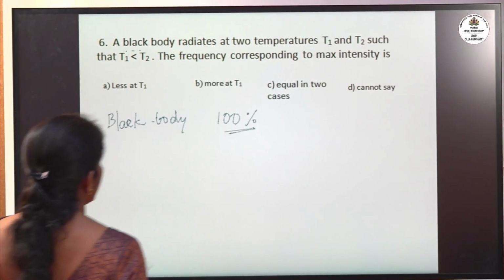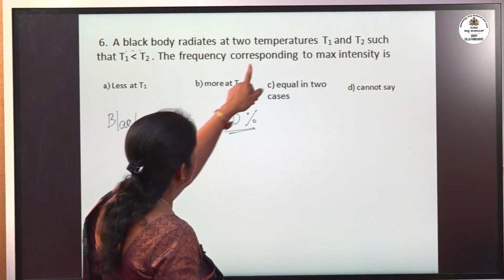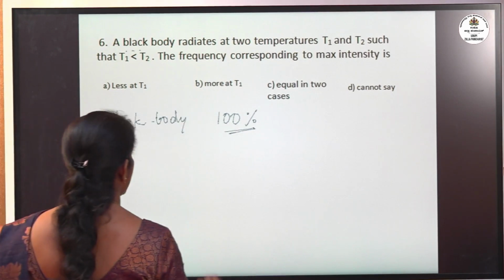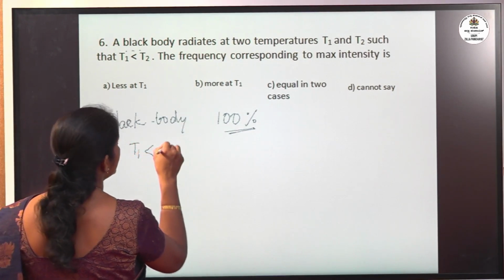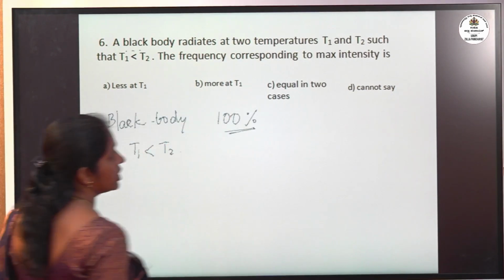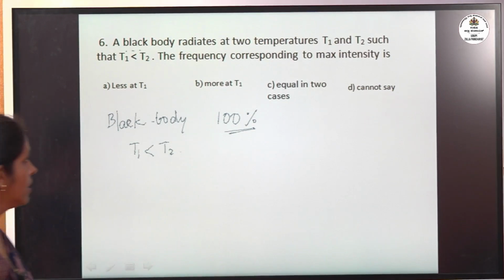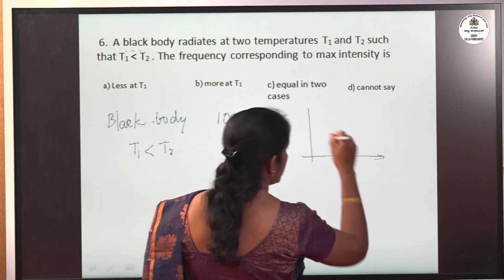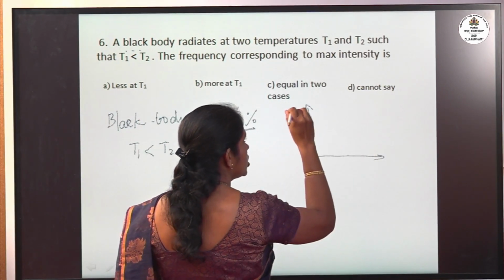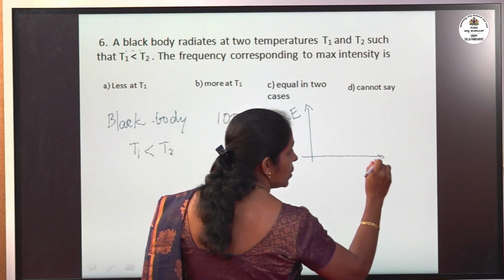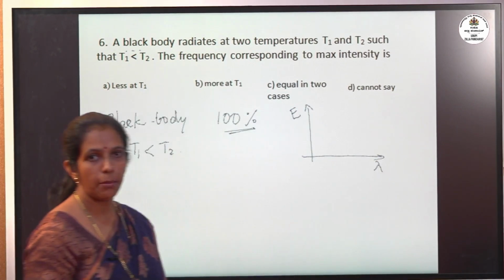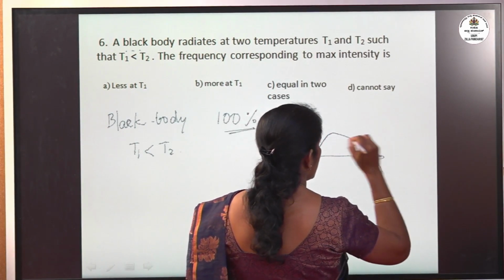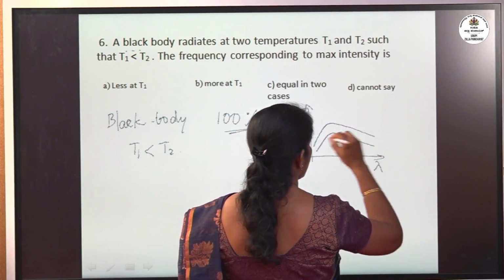When this black body is maintained at two different temperatures T1 and T2, such that T1 is less than T2, the frequency corresponding to maximum intensity is? Say the plot of energy of emitted radiation with wavelength lambda for different temperatures is obtained as shown in the figure.